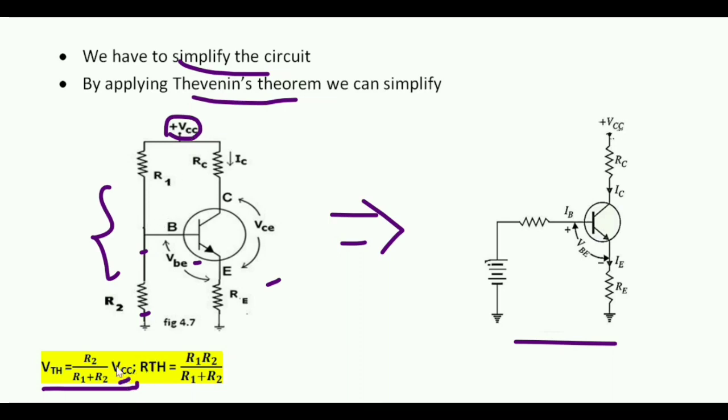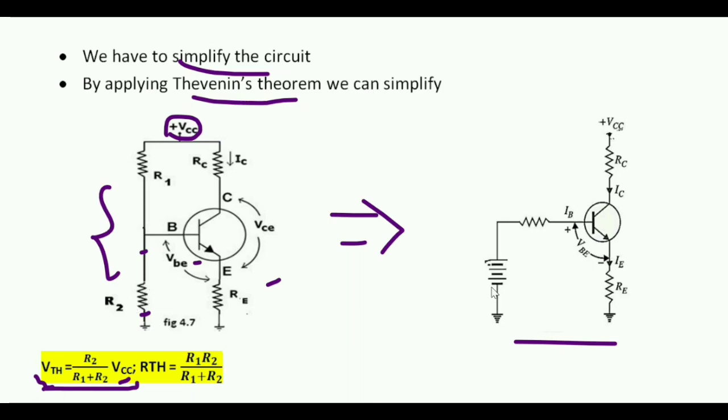It is the total voltage times own resistance divided by other resistance plus own resistance. This is the formula for Thevenin's voltage. We have seen this in networks. So the Thevenin's voltage equation is VTH is equal to VCC into R2 by R1 plus R2.